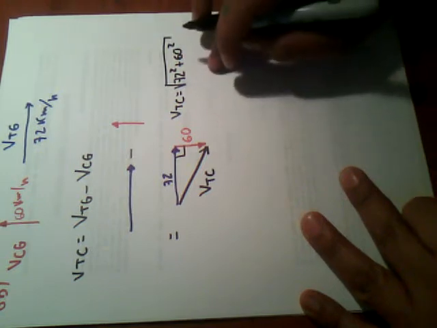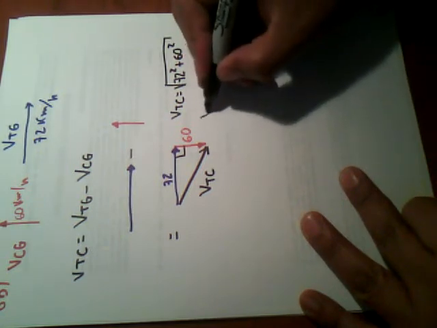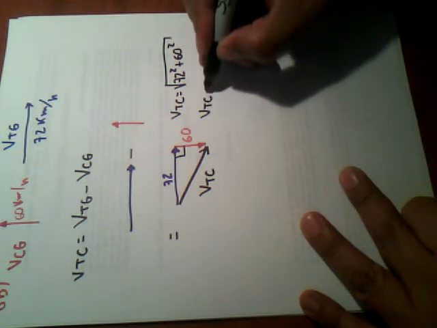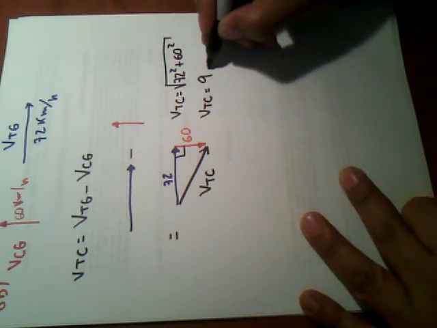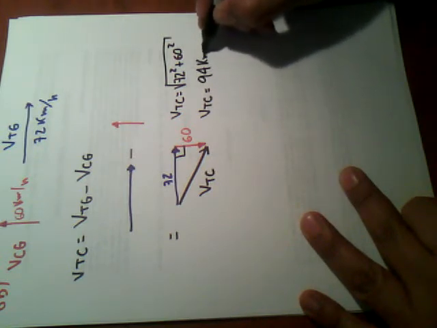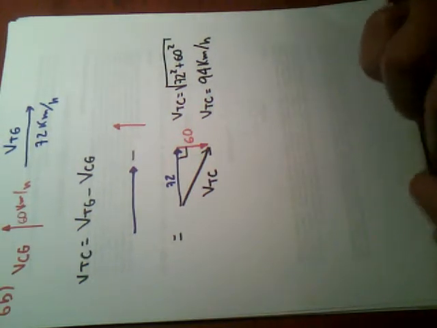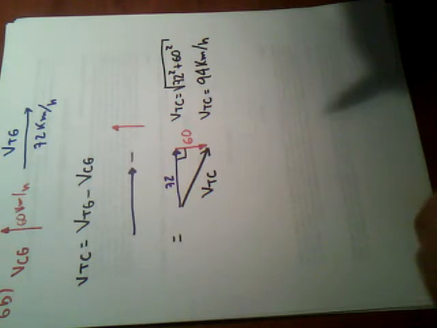And when you do the maths for that, you're gonna get that the velocity of the truck relative to the car will be 94 kilometers per hour. Okay, and that's the magnitude of the velocity.